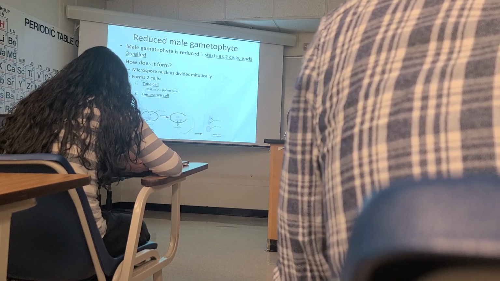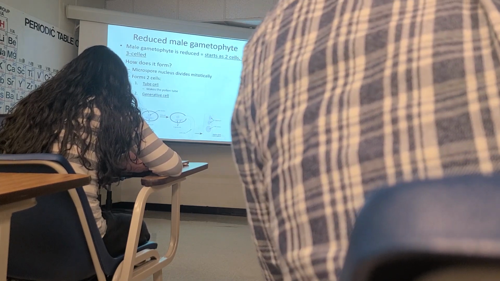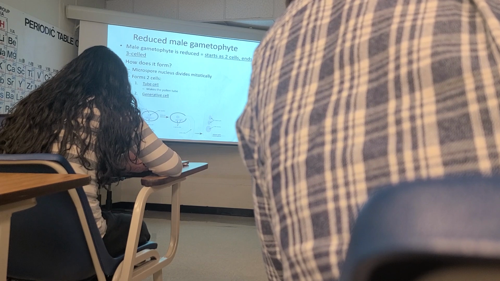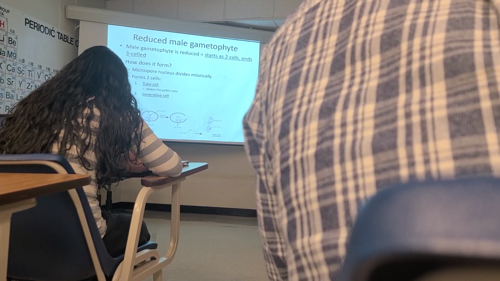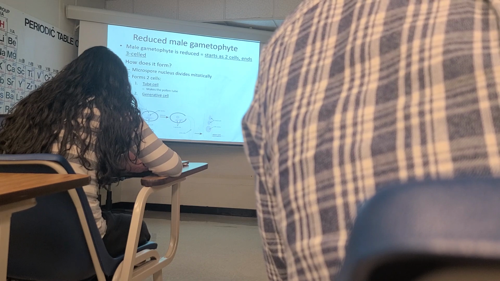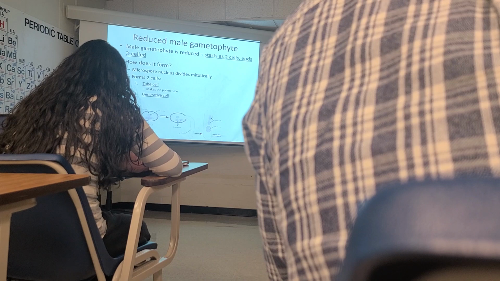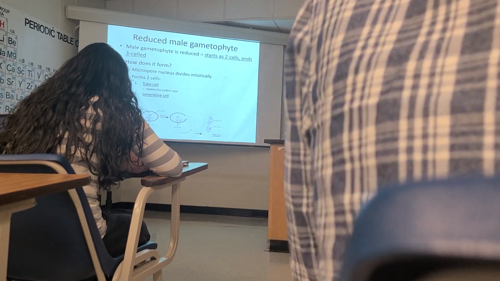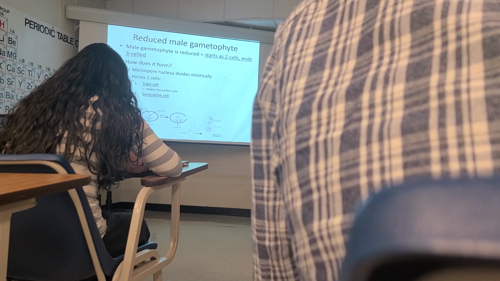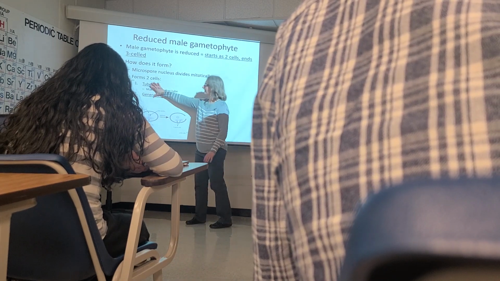We have the tube cell, aptly named because it's going to be what makes the pollen tube, hence the name tube cell. And we have the generative cell. That one is going to be responsible for making the sperm, kind of an important one. Those 2 cells together, combined, make up the pollen grain. So if you want to talk about them in combination, that's the pollen grain.